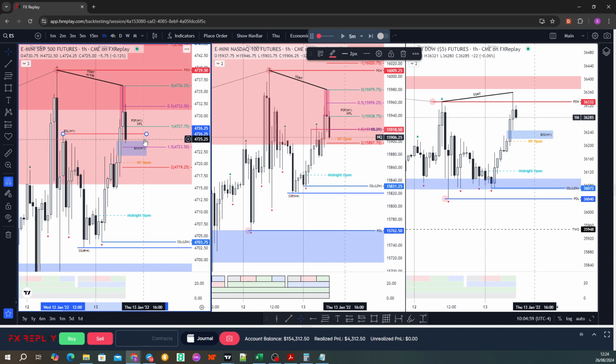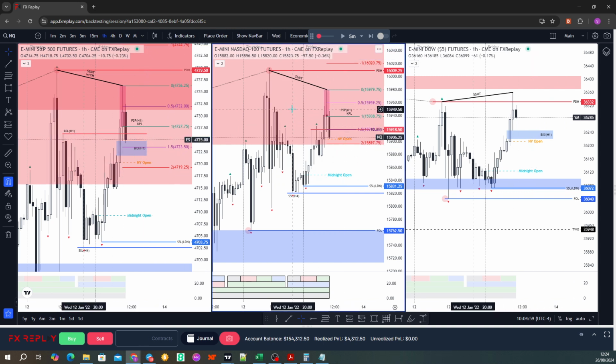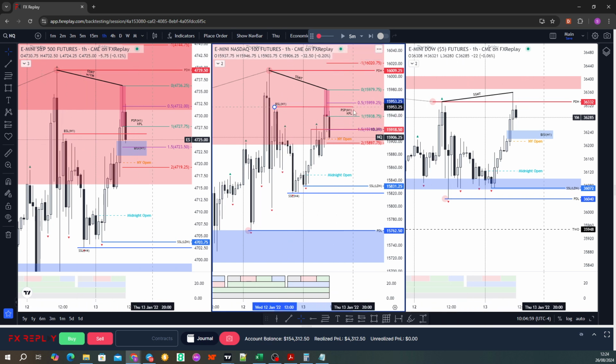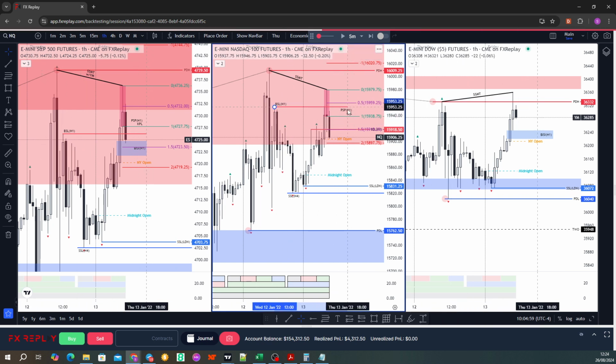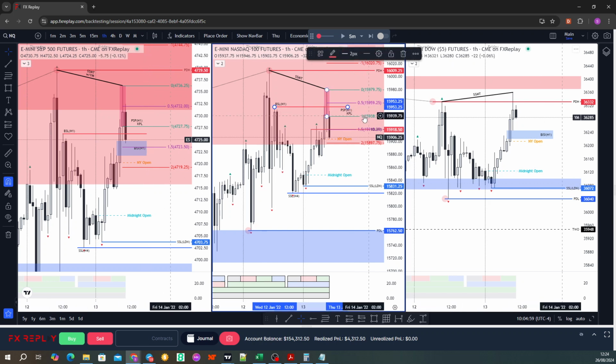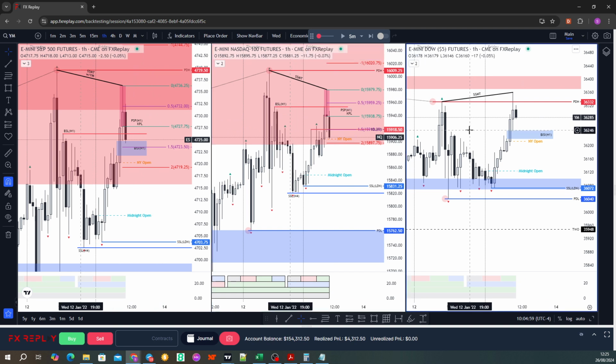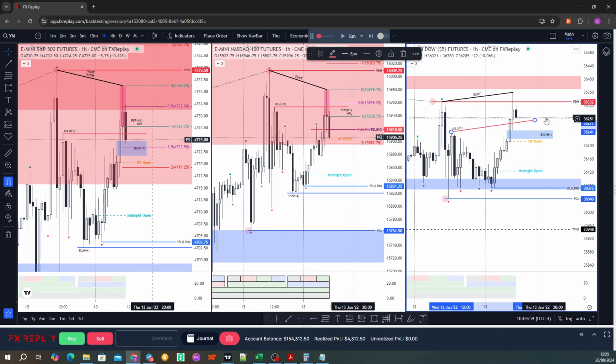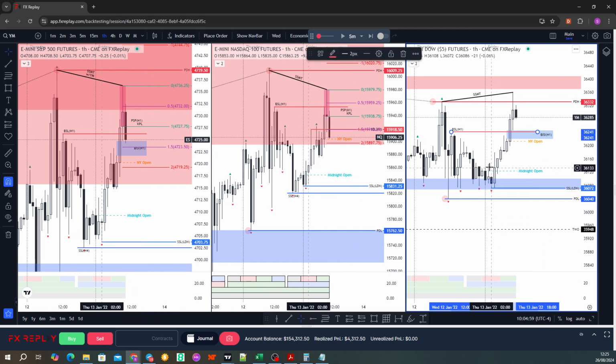And we need that over here. As you can see, we've rejected that key price level. So there is a fair amount of confluences in our favor right now, whereby we can potentially look to engage.